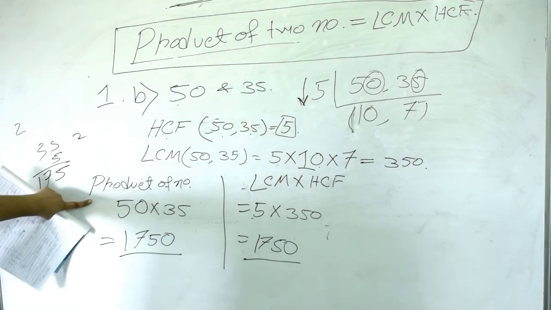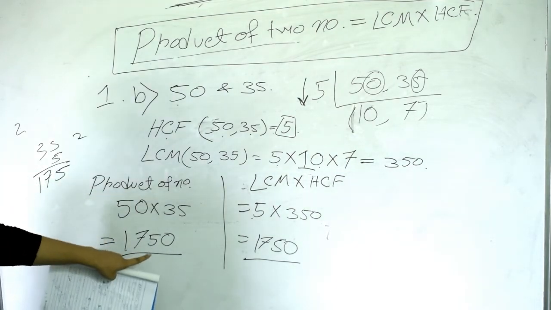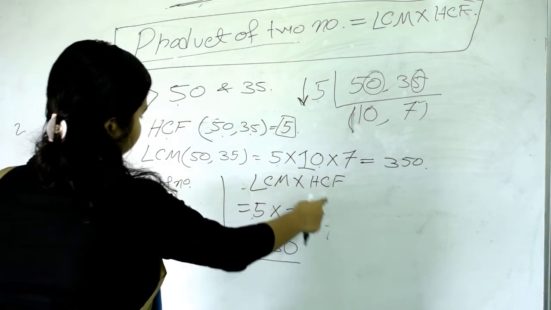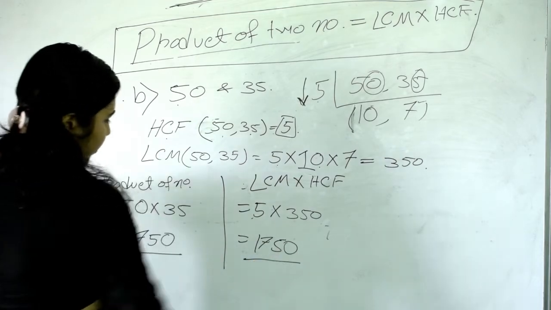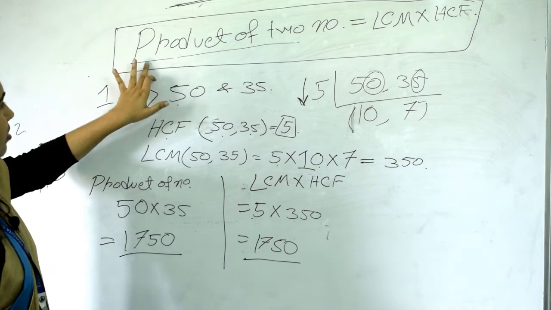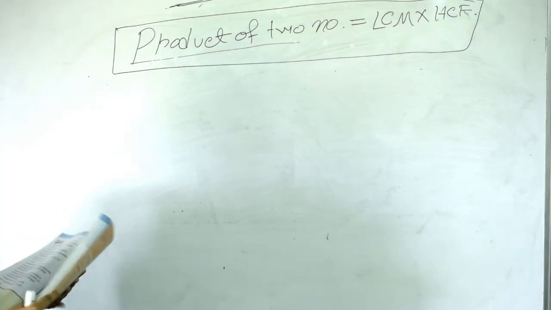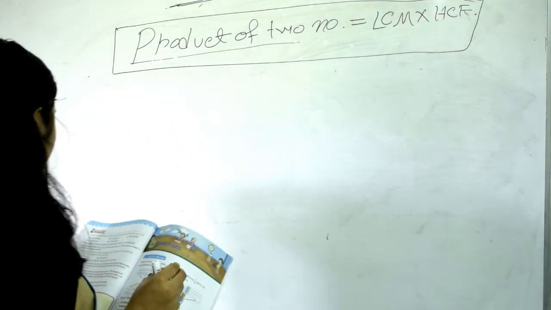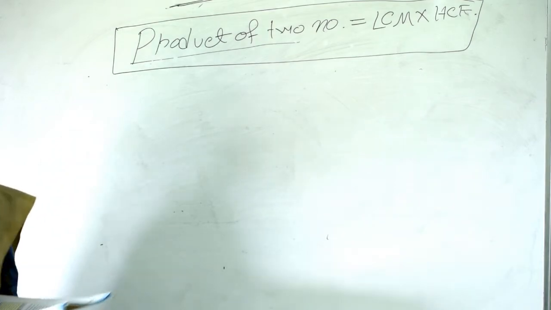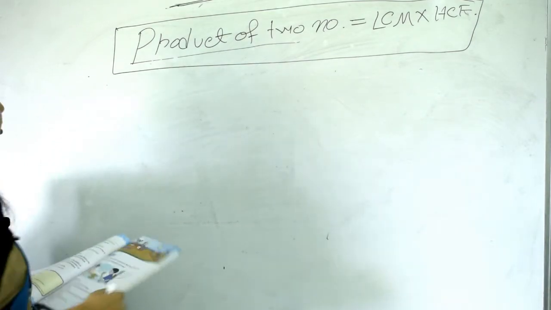Here the product of the two numbers 50 and 35 is 1750, and the product of LCM and HCF is also 1750. That means this relationship is true. Now try yourself question number 1, A, C, D and E with this same process. Next, question number 2.